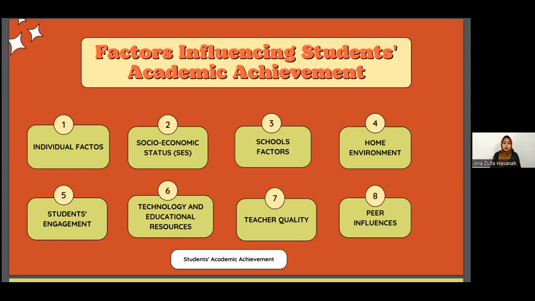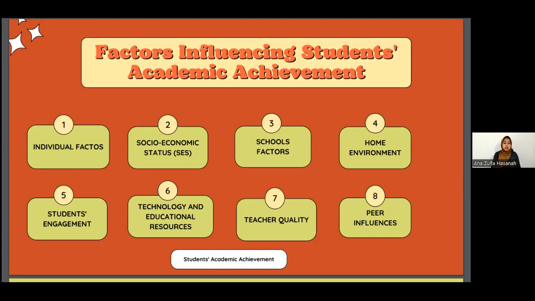And then the home environment also gives support, because parents and family members can create a supportive and conducive home environment to promote education. By creating a favorable home environment, parents can also contribute to their child's academic success and overall educational attainment.